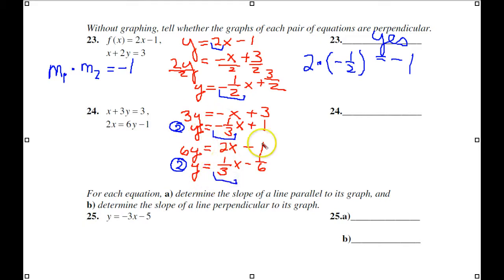So negative 1/3 times 1/3. Notice that's a negative 1/9. It's not a negative 1. So don't get faked out. These aren't even parallel because they're not the same slope. And the product of the slope doesn't give you a negative 1. So this is no. Okay, and we'll work on these in just a moment.